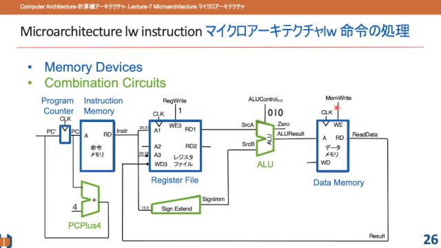Later we have data memory for read and write, and this goes here again for the write operation. And this is sign extension, which takes a 16-bit input and sends out 32 bits after sign extension. So we will study all these seven components individually.